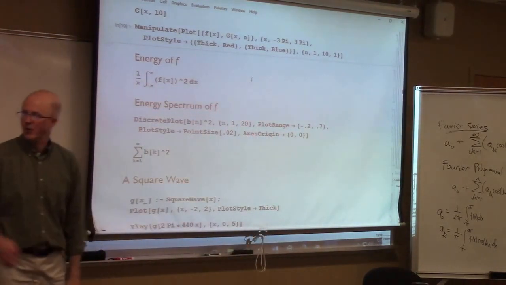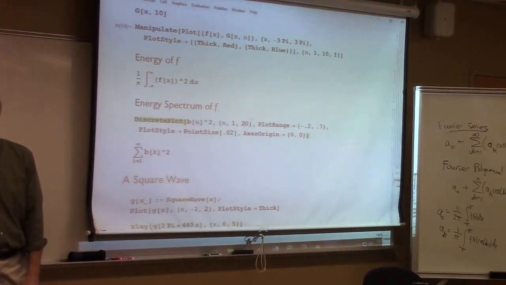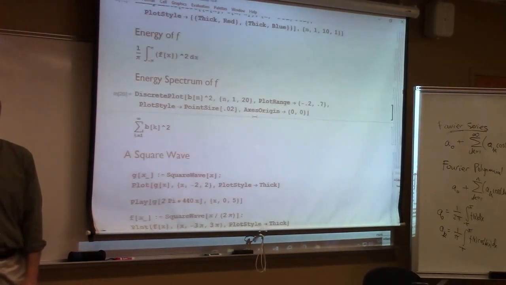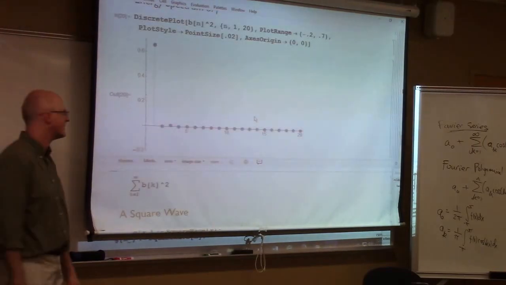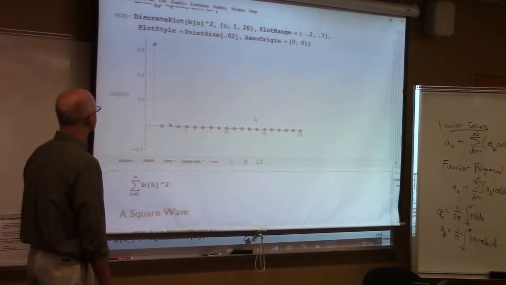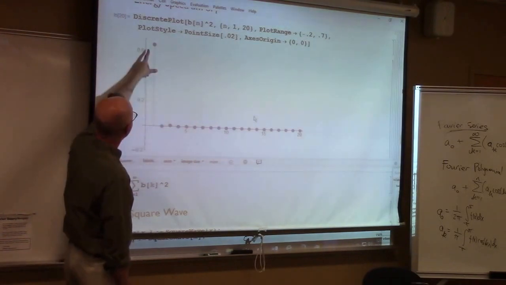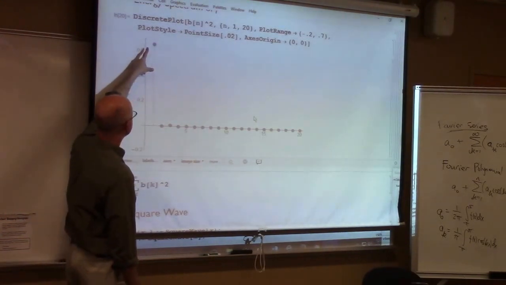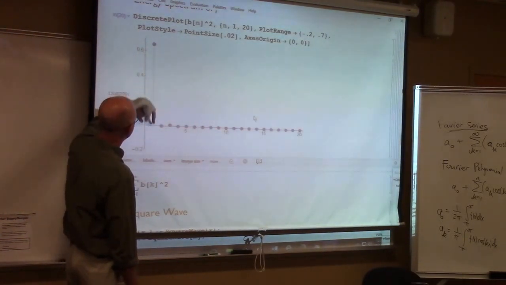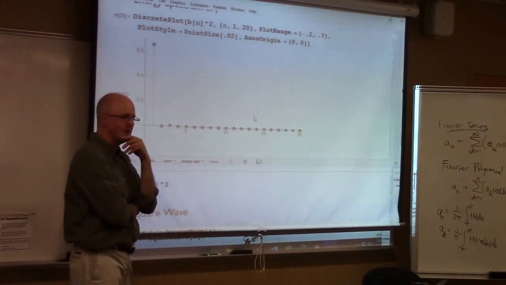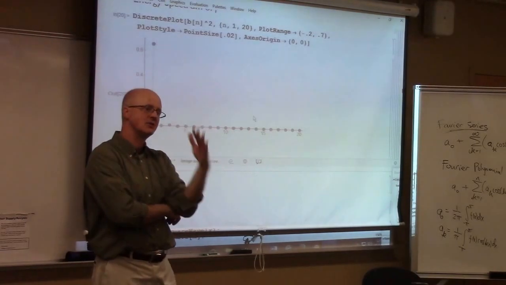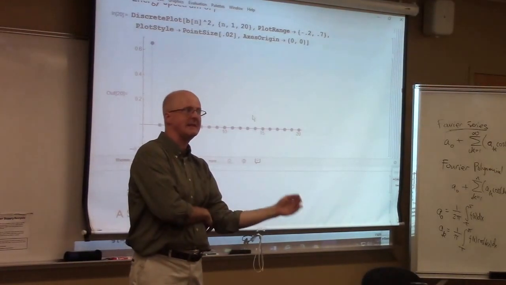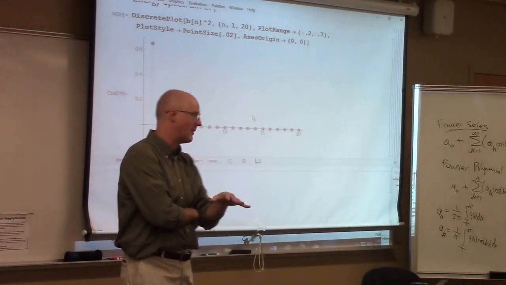I'm not going to get into the formula for the coefficients of the energy spectrum, but let me just point out that when you plot this energy spectrum, and the book does talk about it, with a triangular wave, what you see is a very high energy, so to speak, in what's called the first harmonic, which actually means it's a pretty pure tone. This triangular wave does make a pretty pure sound.